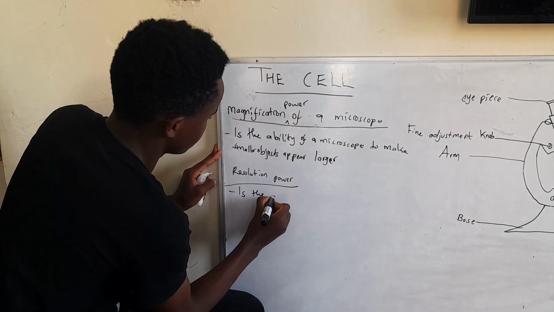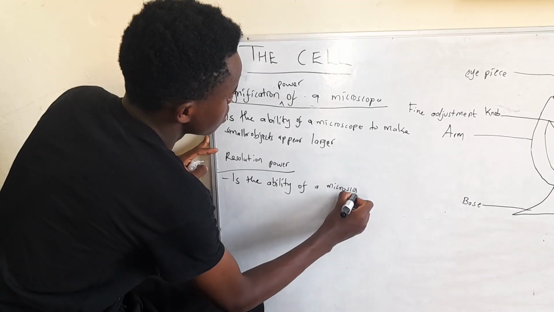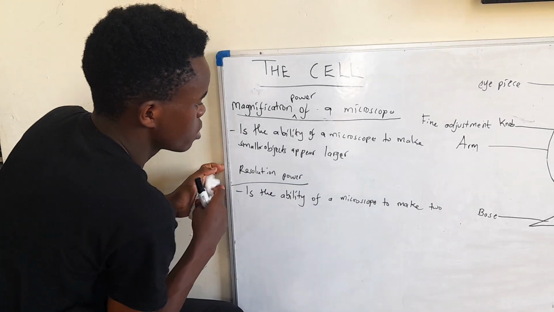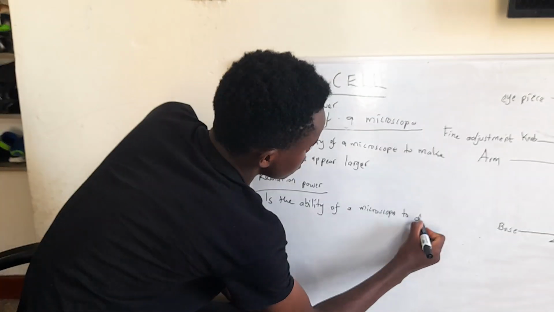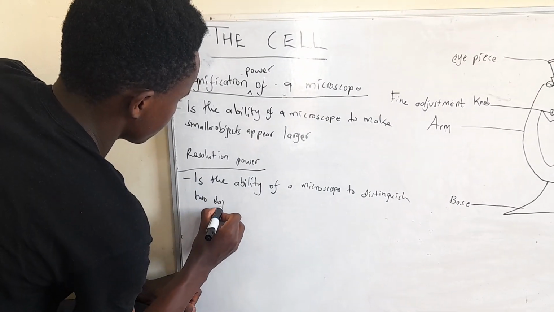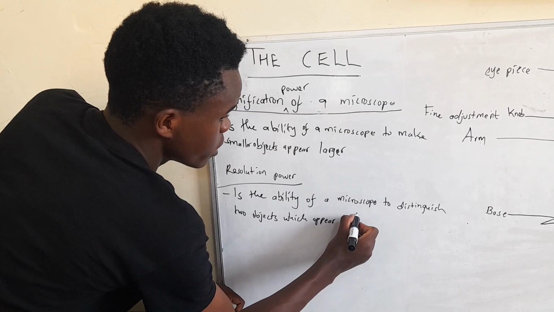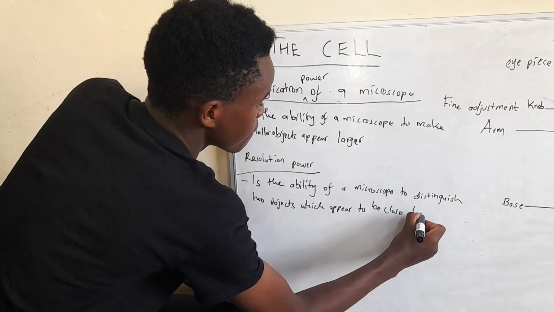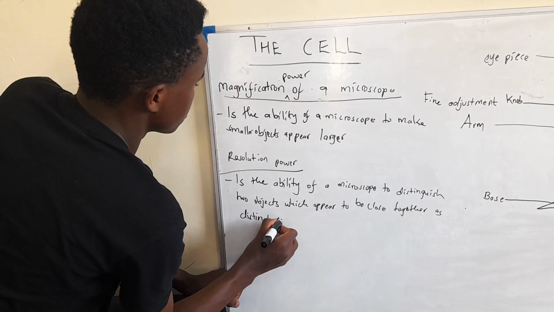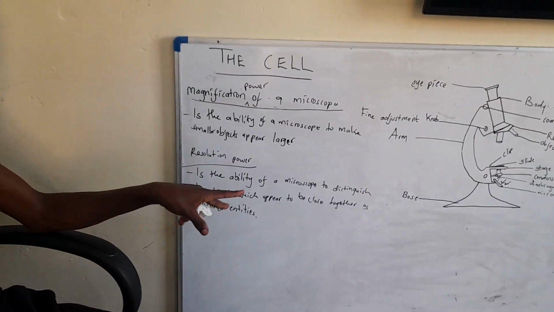Resolution power is the ability of a microscope to distinguish 2 objects which appear to be close together as distinct entities.